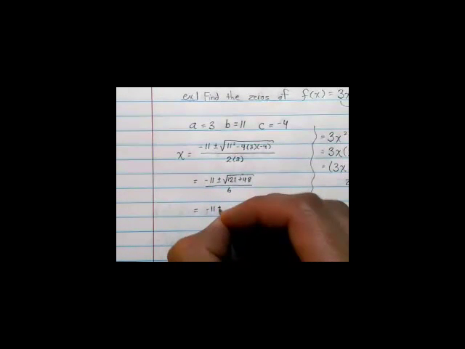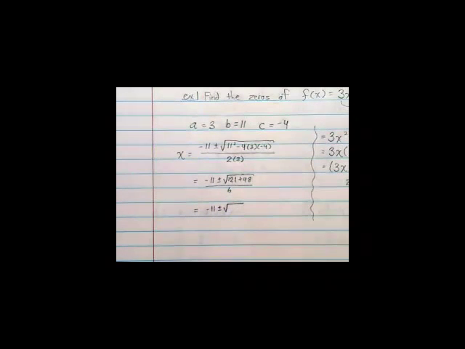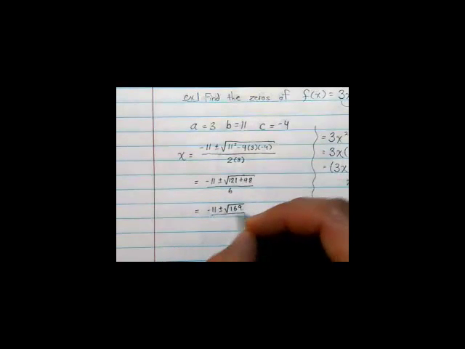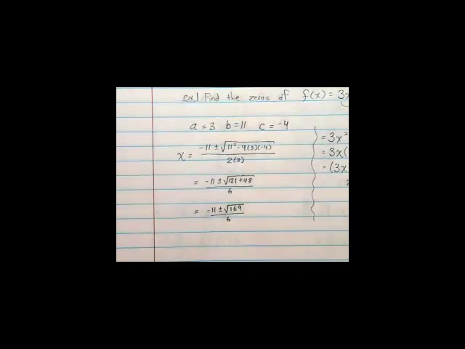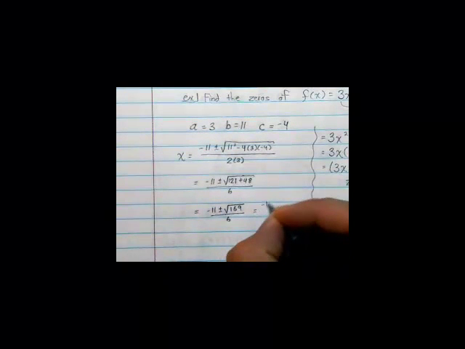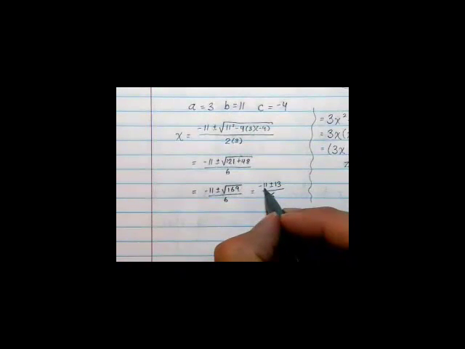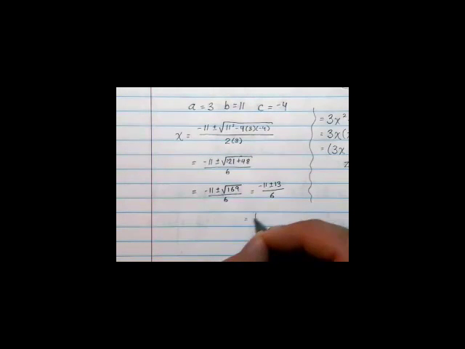So that's going to be plus or minus the square root of 121 plus 48 is 169. What's the square root of 169? 13. So negative 11 plus or minus 13 over 6. So if I do negative 11 plus 13, that gives me 2. 2 over 6, 1/3.